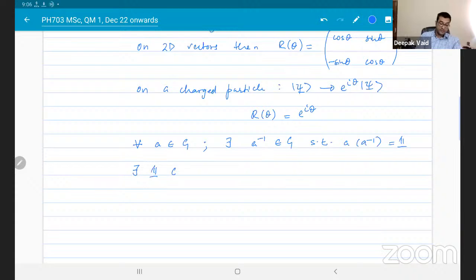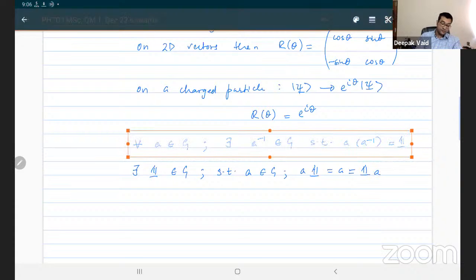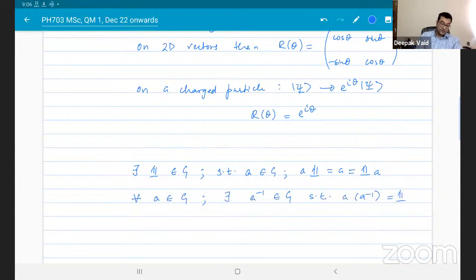Then there exists a special element called the identity, such that for all A belonging to G, A times identity is equal to A is equal to identity times A. And for all A, B in G, there exists C belonging to G such that C is equal to AB. These are the group axioms, 1, 2, and 3.